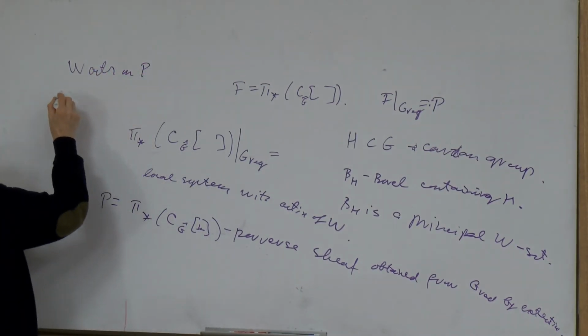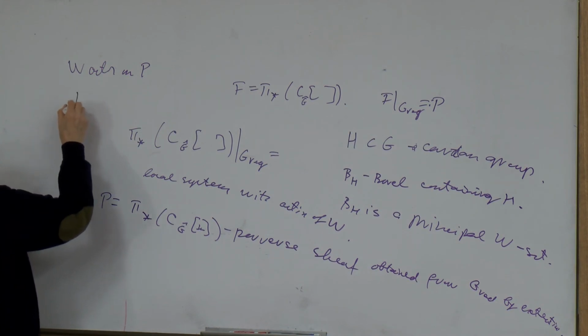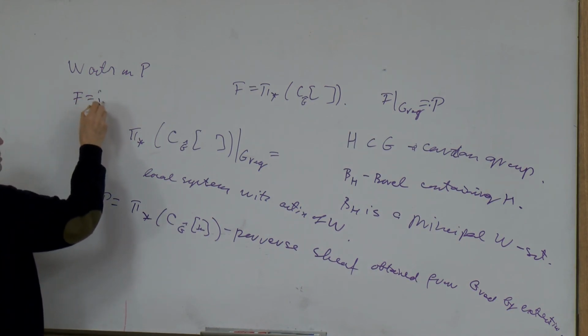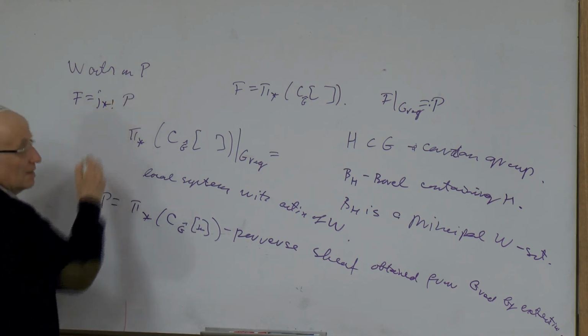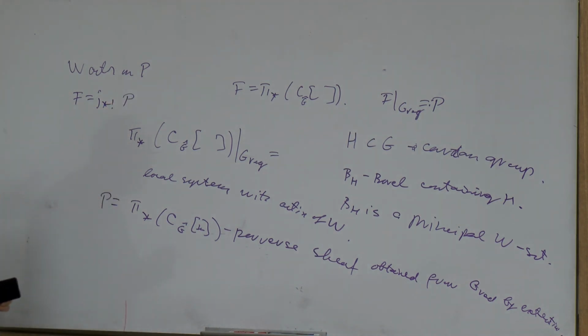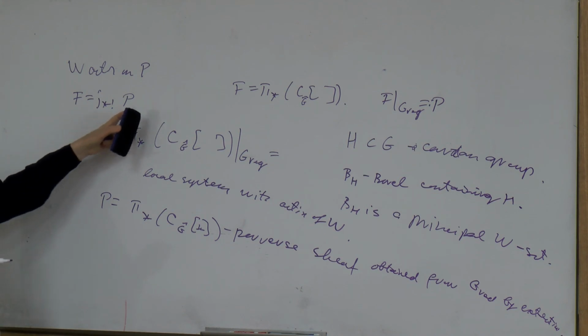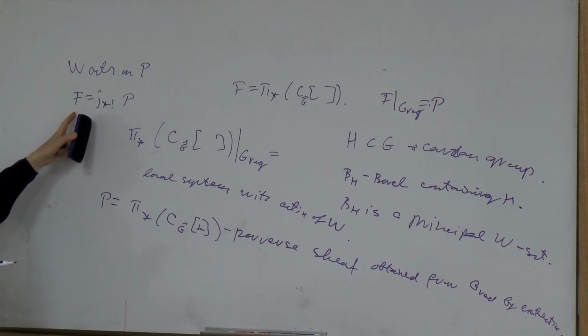On the other hand, F is equal to j star shriek of P. This is the canonical isomorphism.